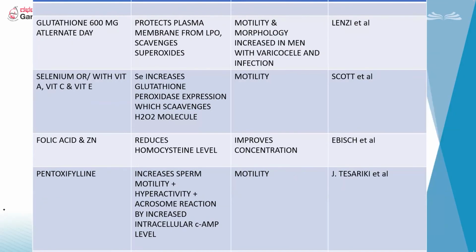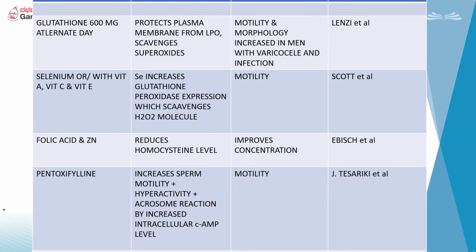Then glutathione, given at 600 milligrams on alternate days, protects the plasma membrane from lipid peroxidation and from scavengers like superoxides, and the parameter morphology increased in men with varicocele and infections. Similarly, selenium with vitamin A, vitamin C, vitamin E: the selenium increases glutathione peroxidase expression, which scavenges the H2O2 molecules, and the motility is improved.